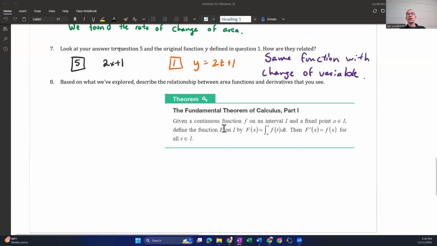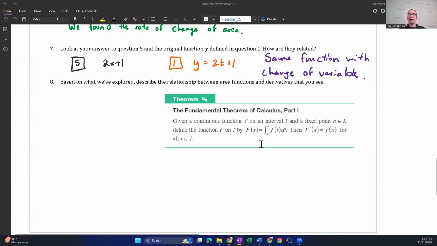Define the function big F being an antiderivative, right? So we're defining big F of x as this integral. So big F is an antiderivative of little f. But then when you take the derivative of big F, you get back little f of x.